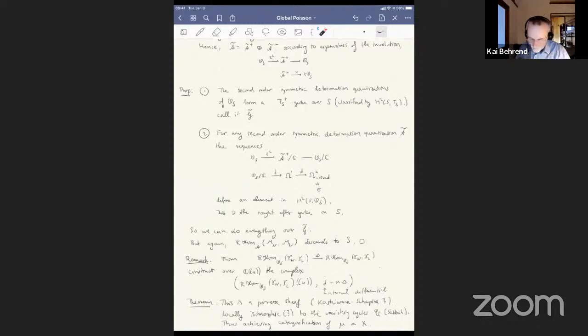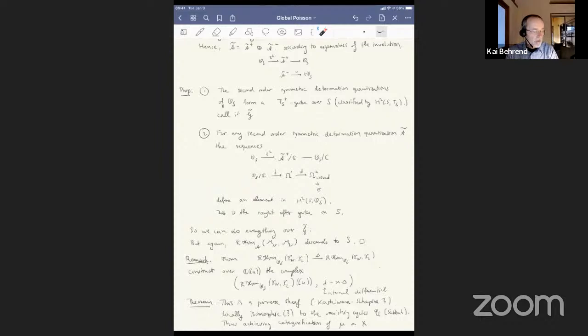Sorry, if you have a quantization of OS, it defines a whole sequence of second cohomology classes in S. If all these classes vanish, you call this a canonical quantization, and apparently if it's canonical, then all these obstructions to quantizing the Lagrangians vanish.